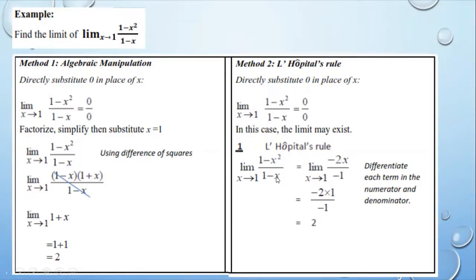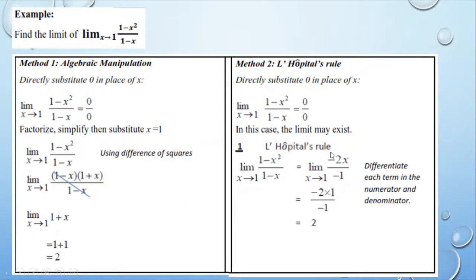How? Because the power of x is 1, you bring that 1 in front, it will be negative 1x, and then minus 1 from the power will be 0. So x to the power 0 is 1, right? Any number to the power 0 is 1. So x will be eliminated. Only negative 1 will be left, right?